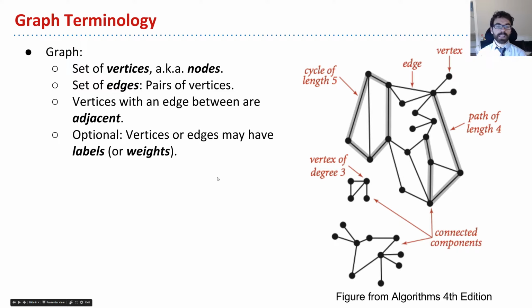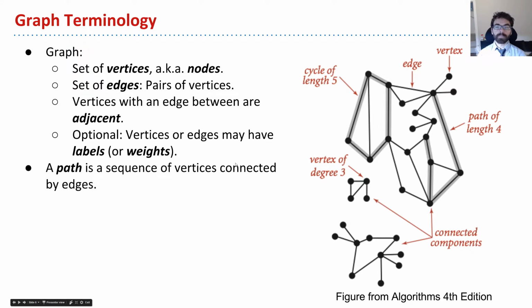Optionally, as I noted, edges may have labels, also sometimes known as weights, though the graphs shown on the right do not have labels. So what's a path? We're going to use this term path to represent a sequence of vertices which are connected by edges. If we look here, this is a path of 4 edges, which includes, of course, 5 vertices.